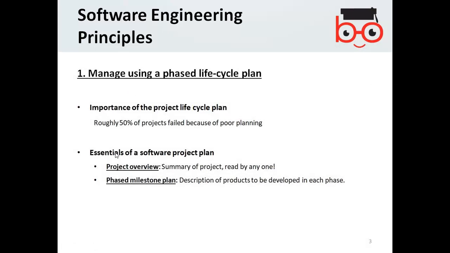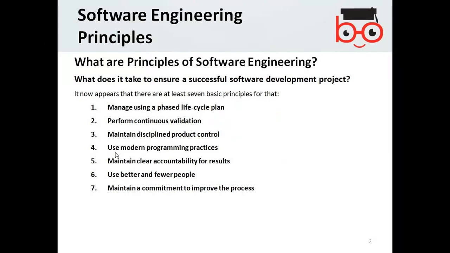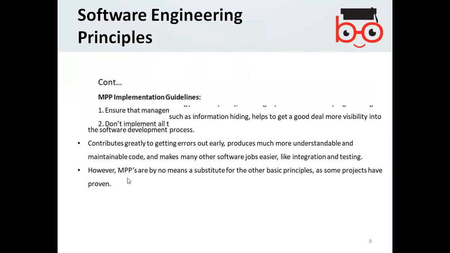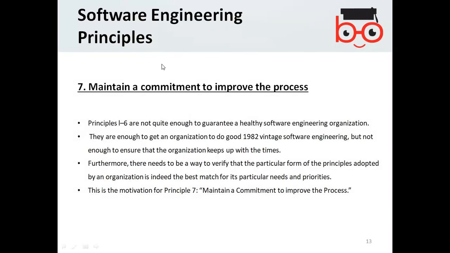It says that for good software, the basic principles should be these 1 to 7, but until 6, even if you have followed everything, that's not sufficient. At the stage of number 7, maintain a commitment to improve the process. You should not only focus on vintage software technologies, the old methodologies of software development like waterfall and the basic software development methodologies.